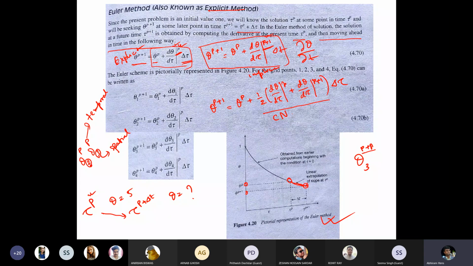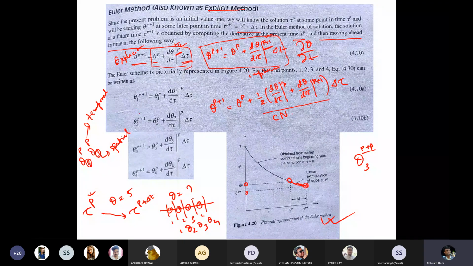If we follow, we can write it that way, and I have 4 points. If you remember the geometry, I have a domain like this where I have points 1, 2, 3 and 4. So here I can write this is theta 1, this is theta 2, this is theta 3, this is theta 4.